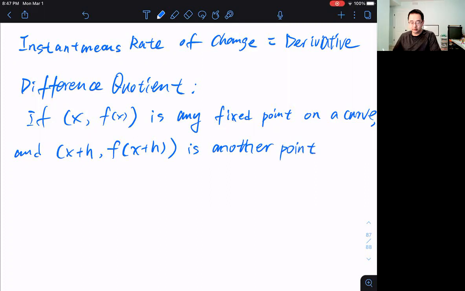Okay, so this is x plus h, and then y calculated with x plus h plugged into the function for this curve, right?